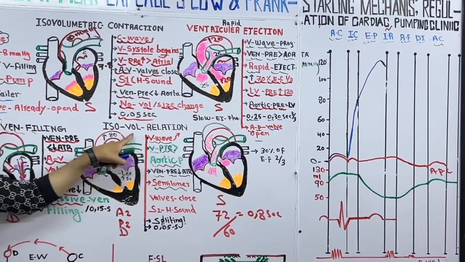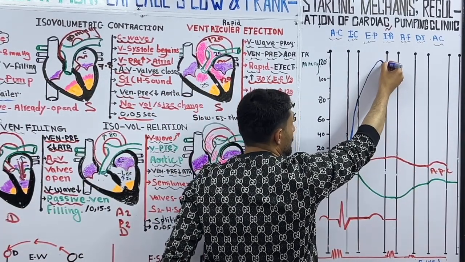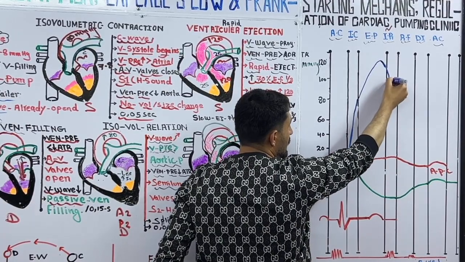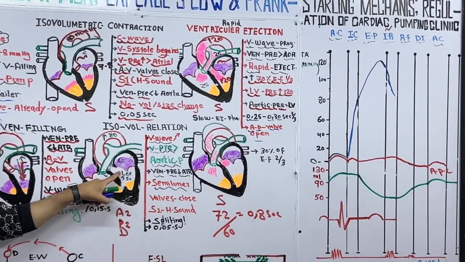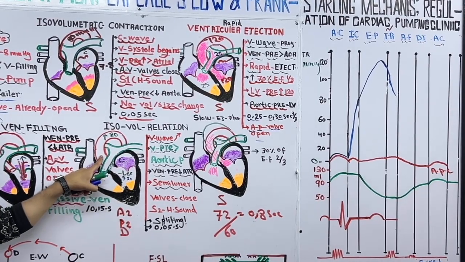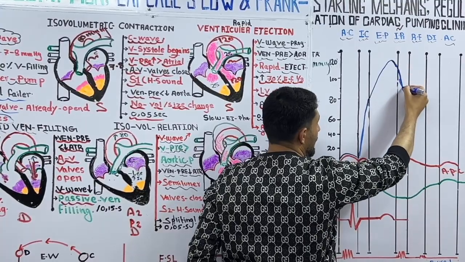But now here in the isovolemic relaxation phase, the pressure drops below 80 because the aortic valve closes. Now here pressure drops below 80. Got it?